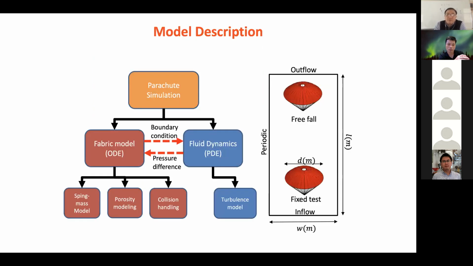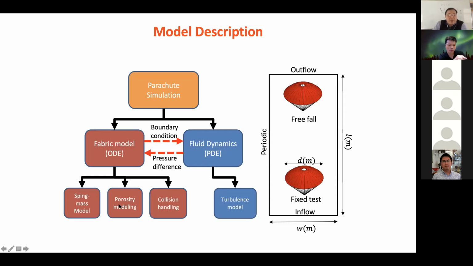So what is a spring mass model? This is the general structure of our code, and so we have a fabric model. The fabric model is a very important part. And we have the fluid dynamics solver, which we developed for many years. So this is a very mature part of the software.